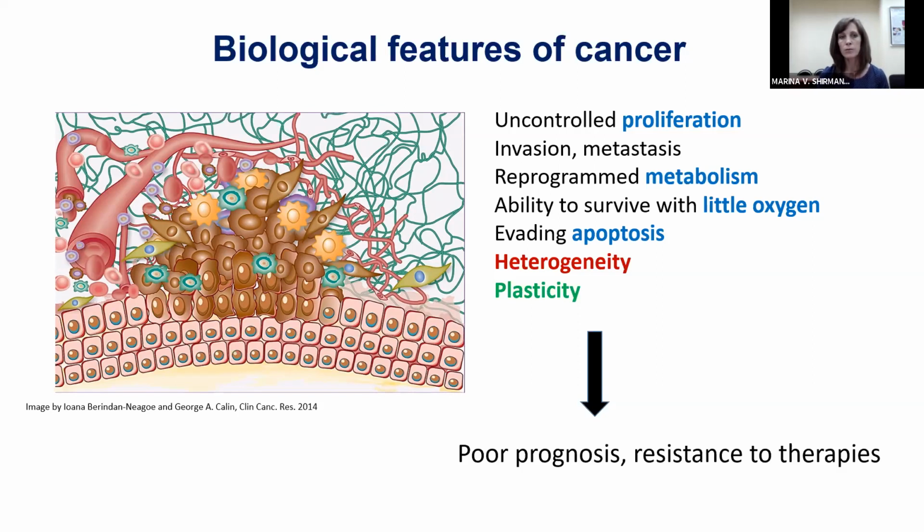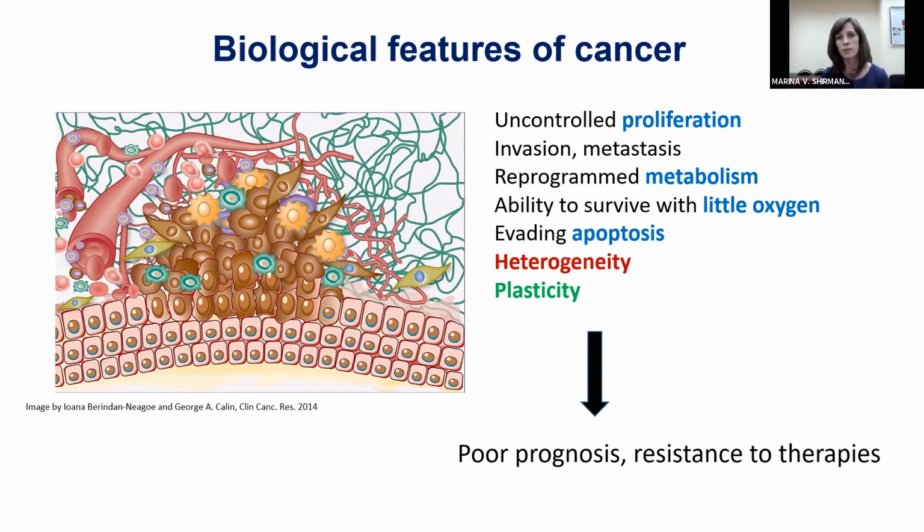There are also two more things to say about cancer. One characteristic is heterogeneity. Cancer cells within one tumor and different tumors in different patients are very different genetically and phenotypically.